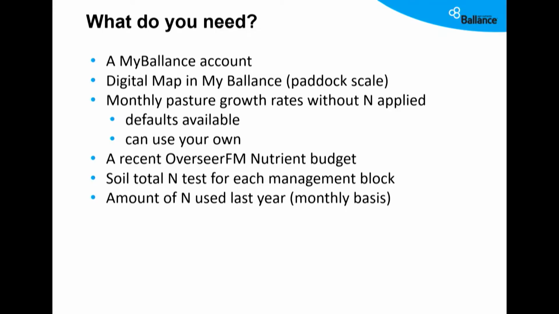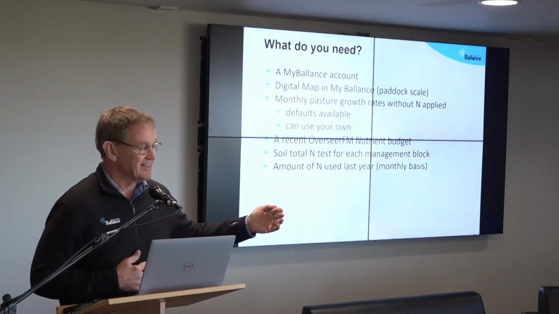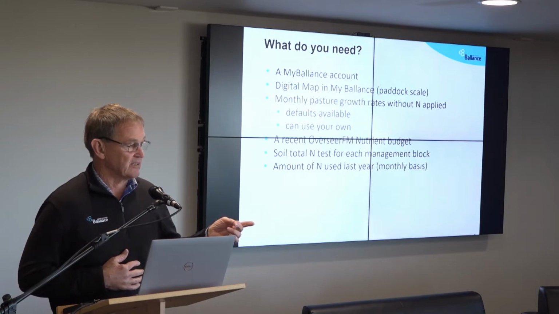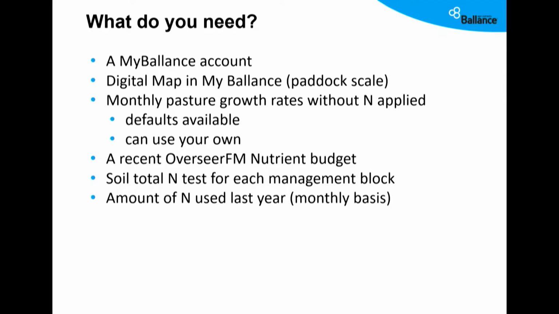What do we need? Unfortunately, you need a MyBallance account, and to do that you have to become a shareholder of the company. And you need those digital maps. There's that naughty map word again. But we can read in most map formats into our MyBallance and get them into My Pasture Planner. You need these monthly pasture growth rates, and that's without nitrogen having been applied.